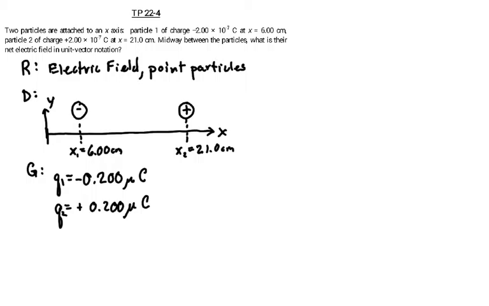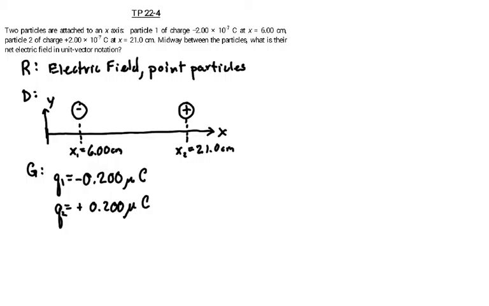Instead of saying 2 times 10 to the negative 7, I wrote down 0.2 microcoulombs. Okay, so as we learned from our last video, be careful of your prefixes. So I put the prefixes in here to show the relationship between using exponential notation and using prefixes. So you can see the connection there.